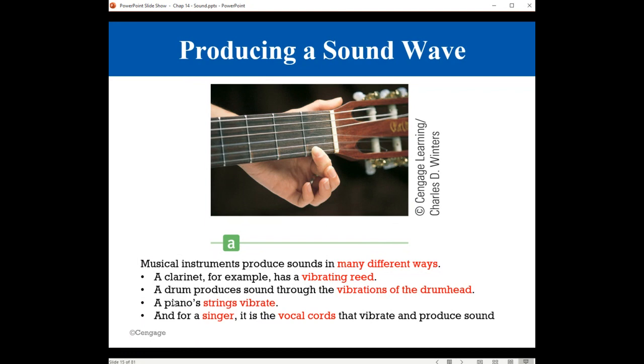For the drum, sound is produced through vibrations of the drum head. For the piano, similar to the guitar and violin, you are talking about the vibration of strings. For a singer, the sound waves are created by the vocal cords. The vibration of the vocal cords and the vocal cavity produces the sound waves.